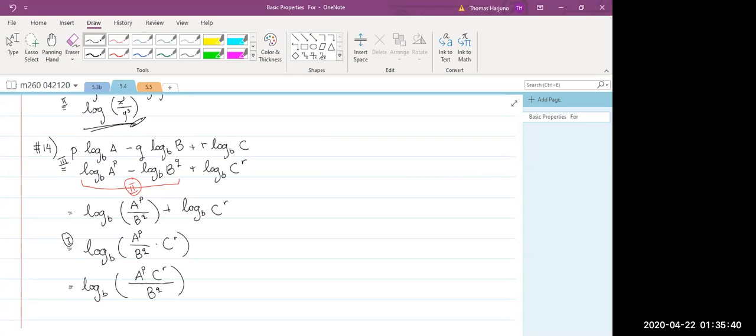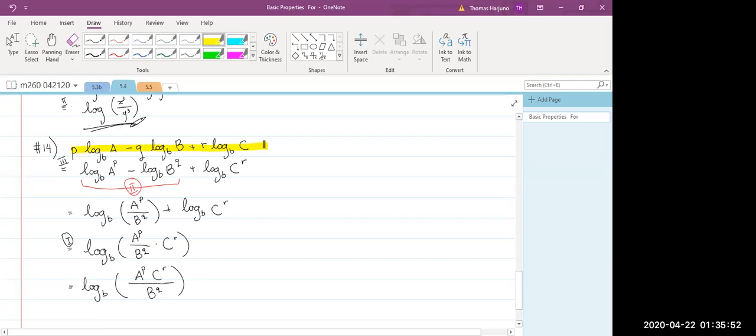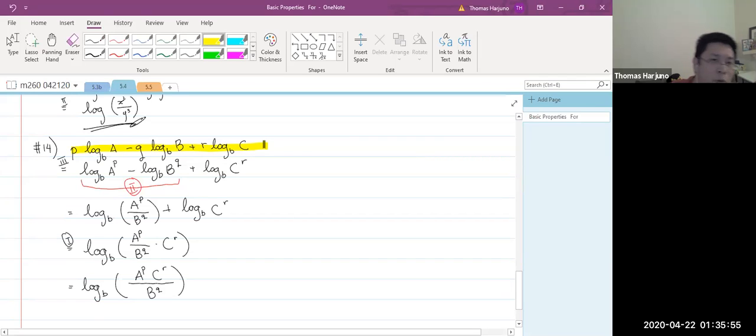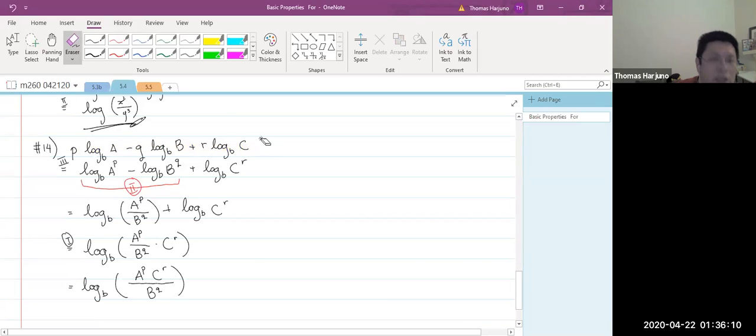Log base b of c to the r, isn't that r times log base b of c? Oh, then you will go back to here. Yeah, if you do that, then you'll go back to here. Okay, sorry, no, that's fine. Actually, eventually we'll do that. But if that's what you do, you will go back there. What they want us to do is to put them in a single log. If we want to break up the logs, then that's what we do, what you said just now.